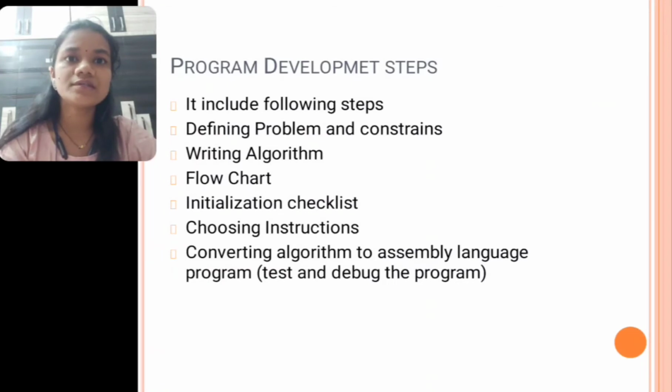So choosing instructions is most important. Then converting the algorithm to an assembly language program, and testing and debugging the program. Last is to test and debug the program. We are writing the code, so converting that code into an assembly language program is followed by testing and debugging. So these are the program development steps.